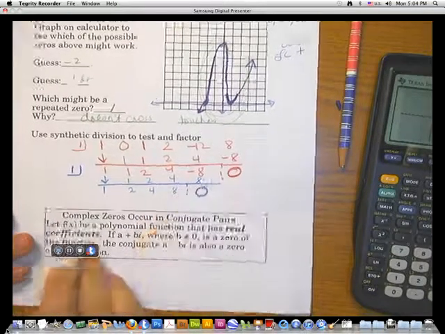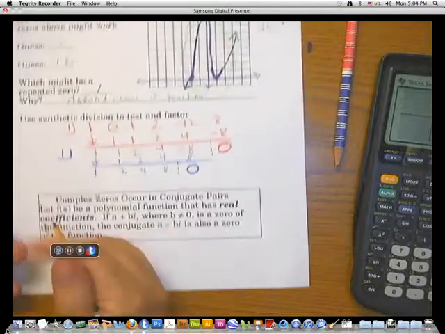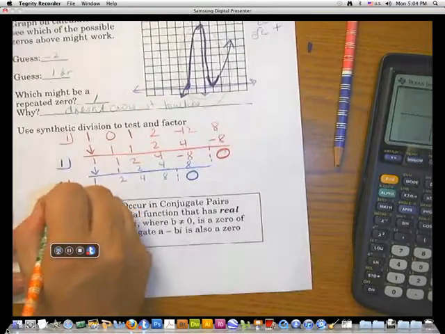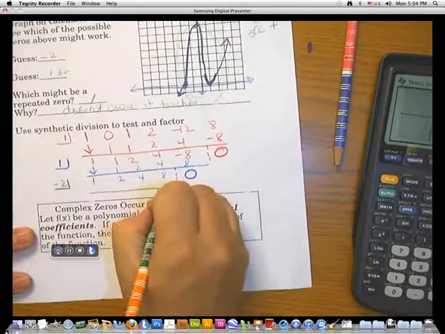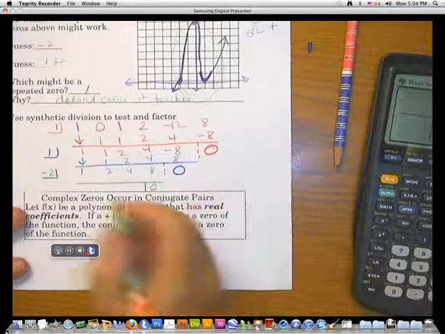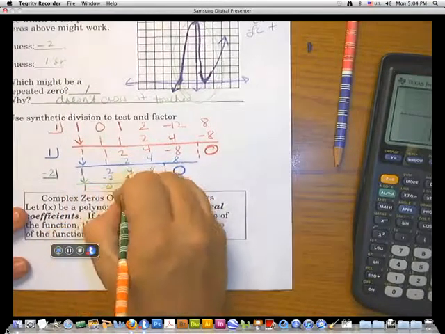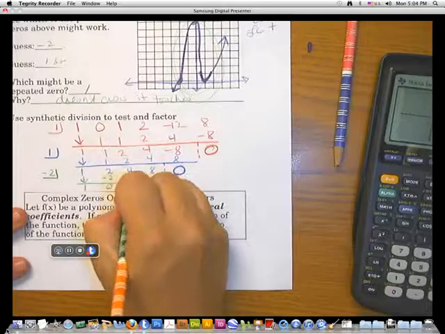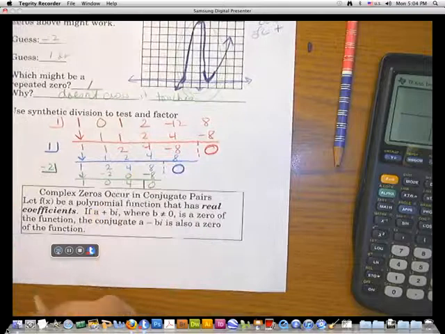And indeed, it does come out to be a 0. The next one we believe is negative 2, so we're going to do it again. Again, hoping that our last position comes out to be a 0. First position comes down. And yes, that works.